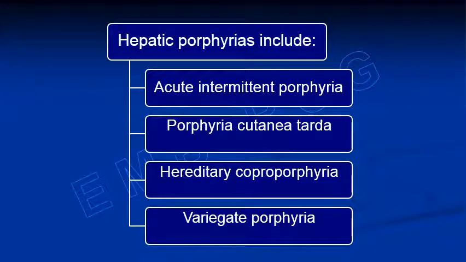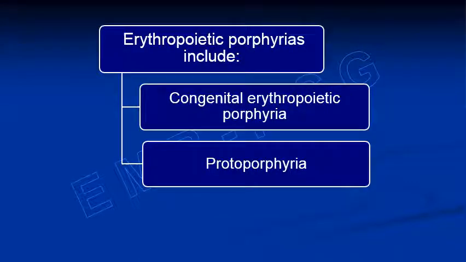Hepatic porphyrias again have subtypes. We have acute intermittent porphyria, porphyria cutanea tarda, hereditary coproporphyria, variegate porphyria. Second one, erythropoietic, has two subtypes: congenital erythropoietic porphyria and protoporphyria.